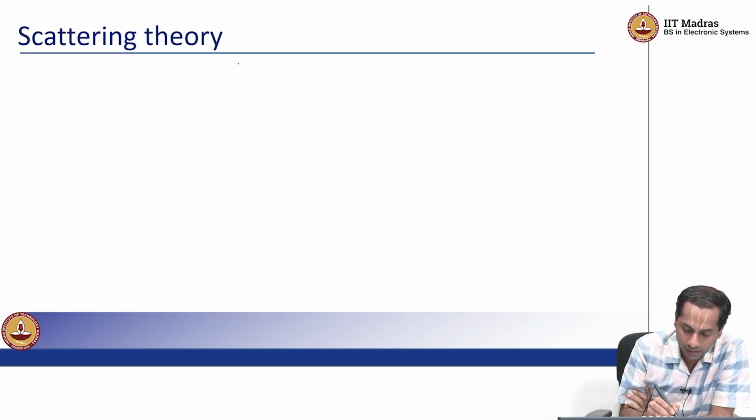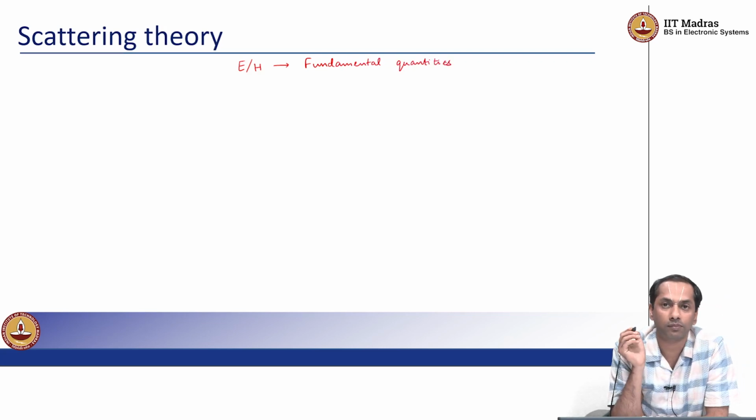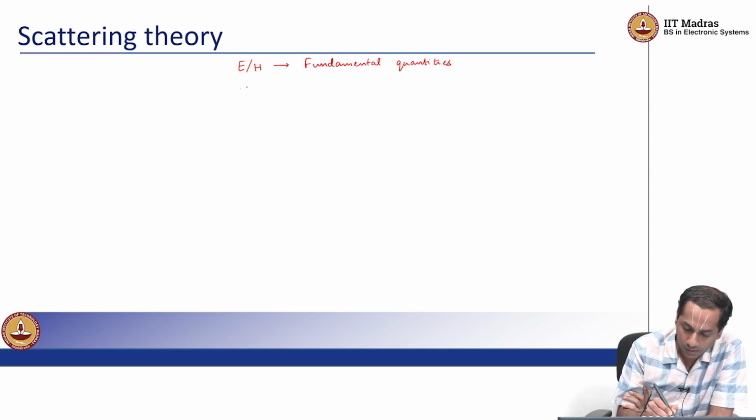So in scattering theory, we start by saying that electric and magnetic fields are the fundamental quantities. Okay.